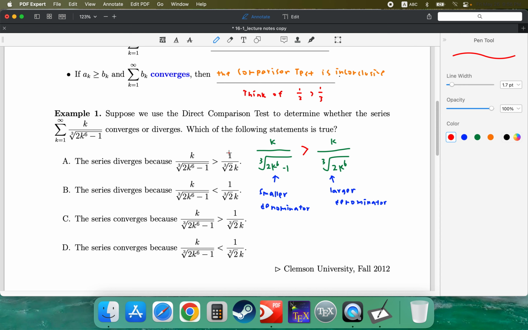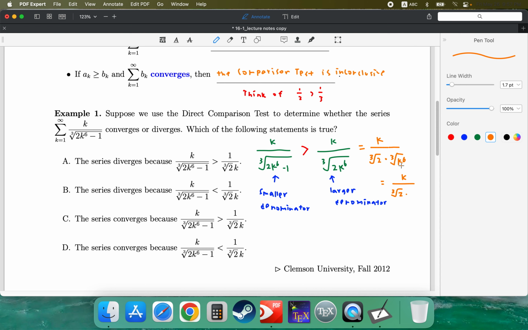But you notice that, wait a second, this guy is not the same as this guy. That is because right here we can try to simplify it. So we still have a k on top, and right here I can separate these two numbers. So I can have the cubic root of 2 times the cubic root of k to the 6. Of course, if you know what to do, you can finish this within one step.